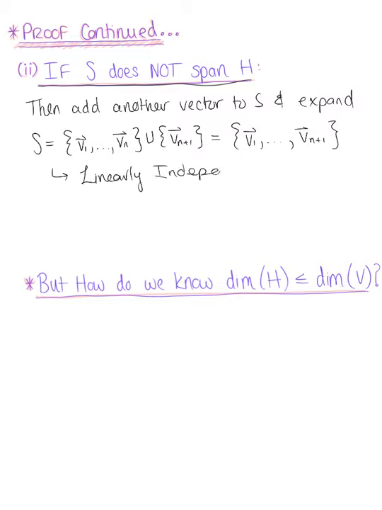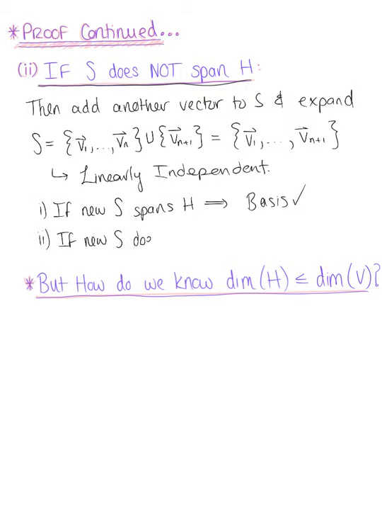So just like we did before, we now need to think about, okay, well, does this new set S span H? Right, so if our new S spans H, this lets us know that we have a basis. But what about if it does not span H? Well, we have a solution to that.